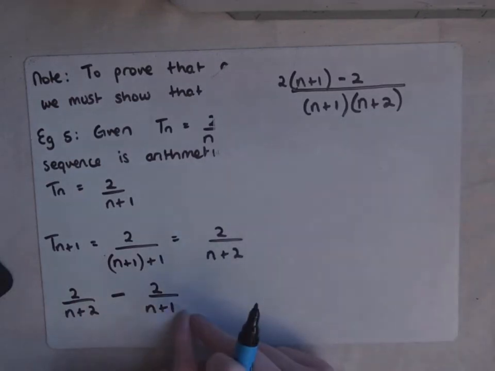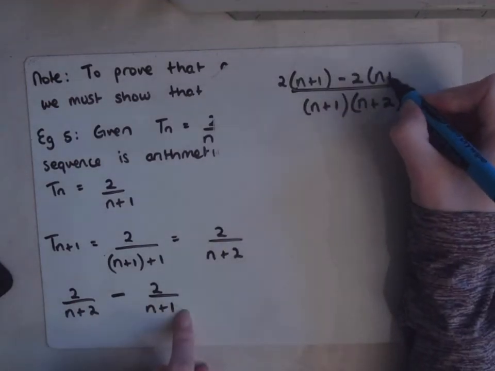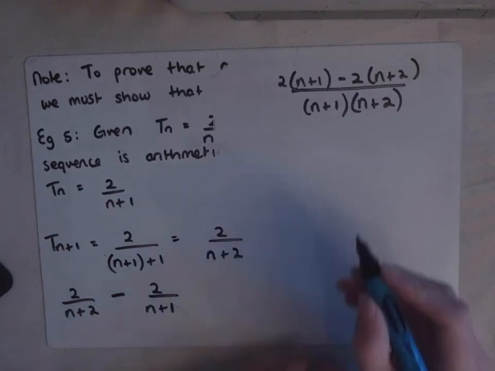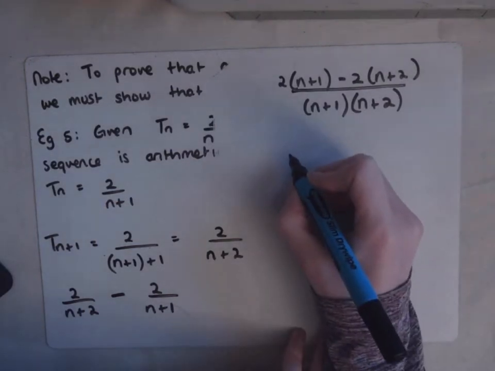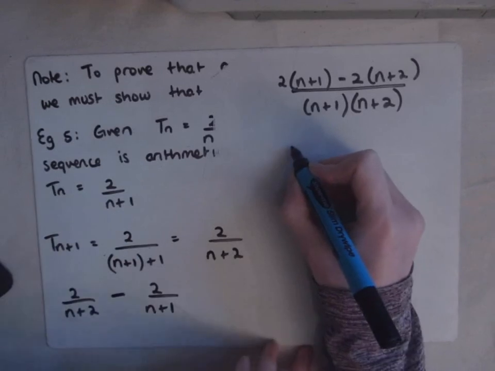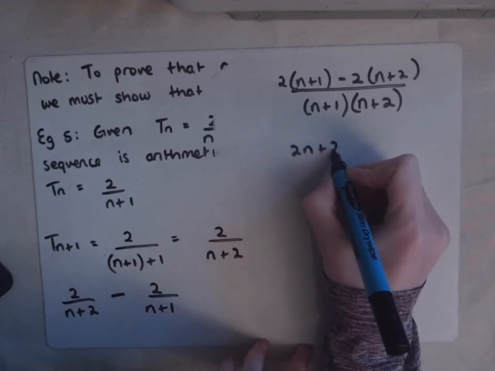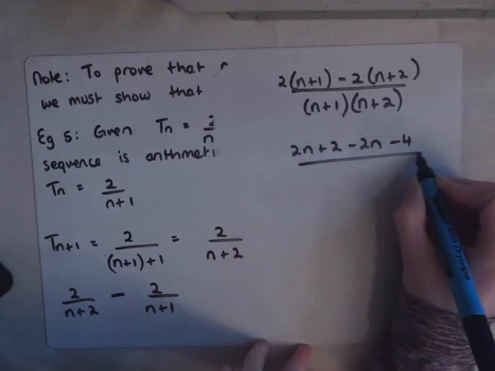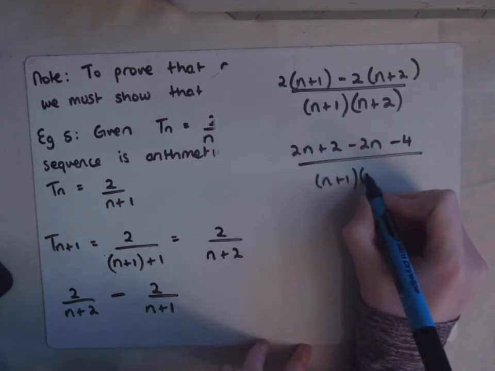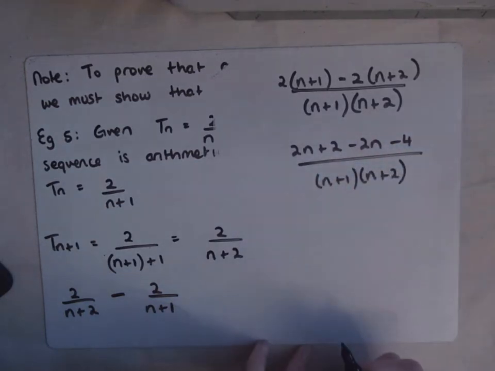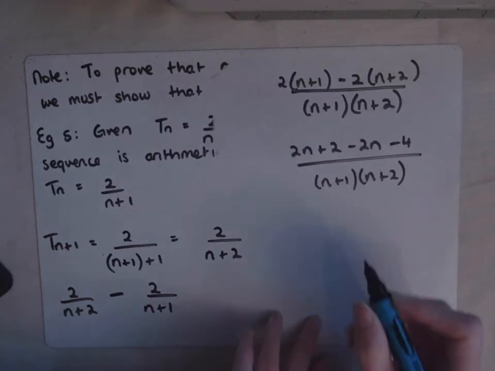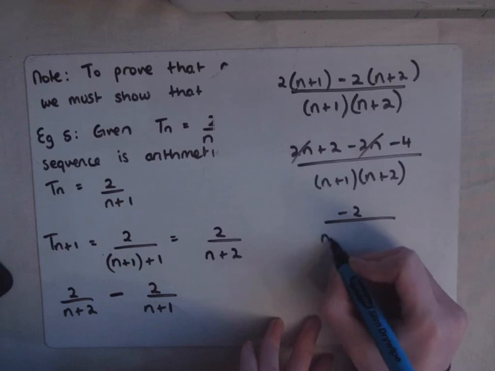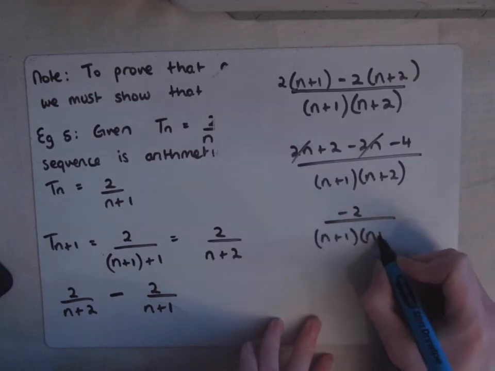If I multiply the bottom by n plus 2, I also have to multiply the top by n plus 2. Then we're just going to tidy it up. 2n plus 2 minus 2n minus 4, and I'm left with minus 2 over n plus 1 by n plus 2.